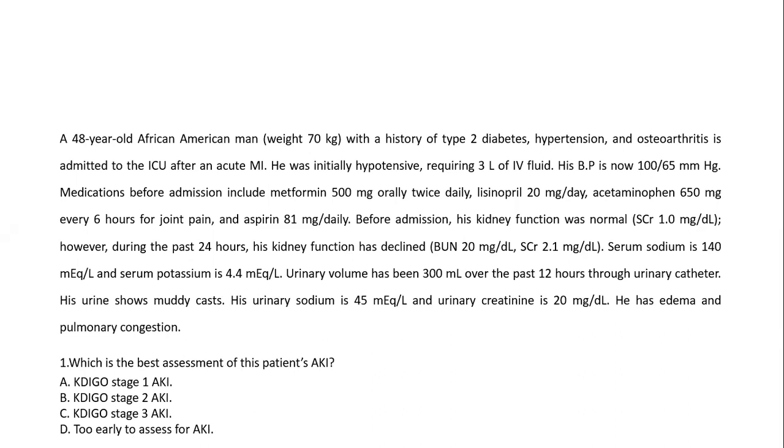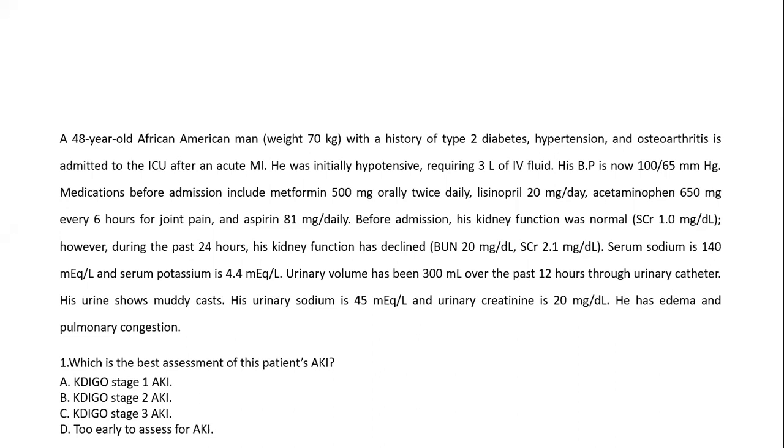However, during the past 24 hours, his kidney function has declined. His blood urea nitrogen has risen to 20 mg/dL. His serum creatinine has doubled. It's 2.1 now from 1. His serum sodium is 140. His potassium is 4.4. His urinary volume has been 300 mL over the past 12 hours.